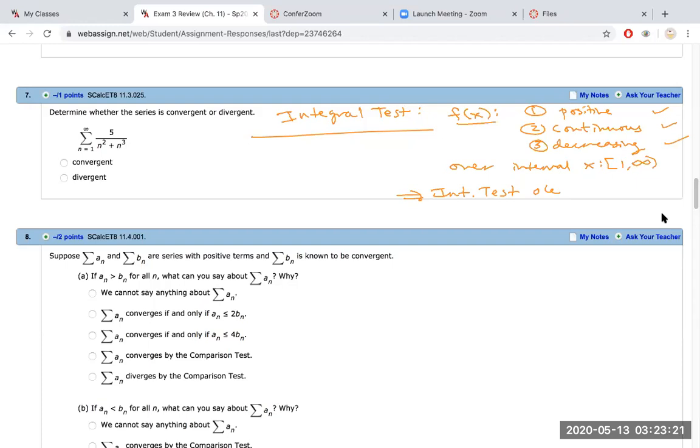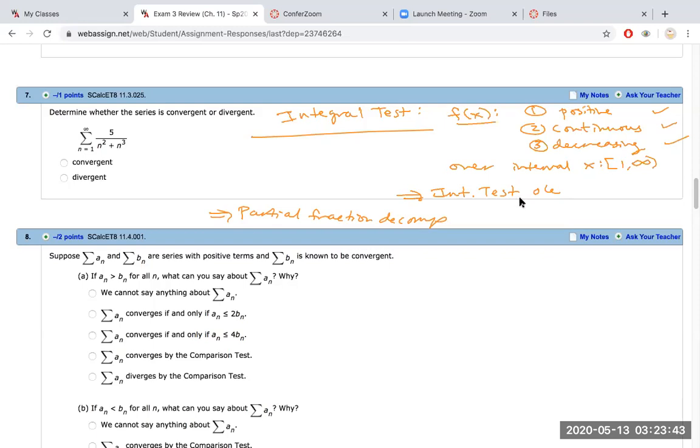For number 7, you're going to be using partial fraction decomp inside the integral.